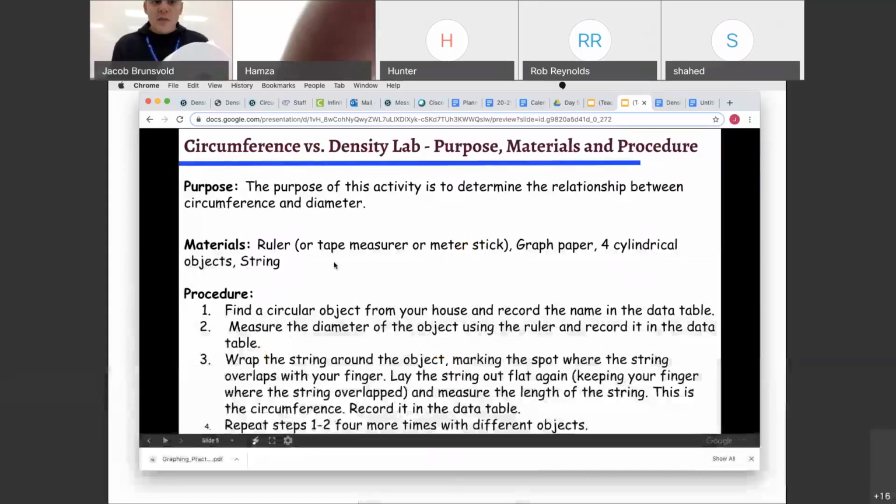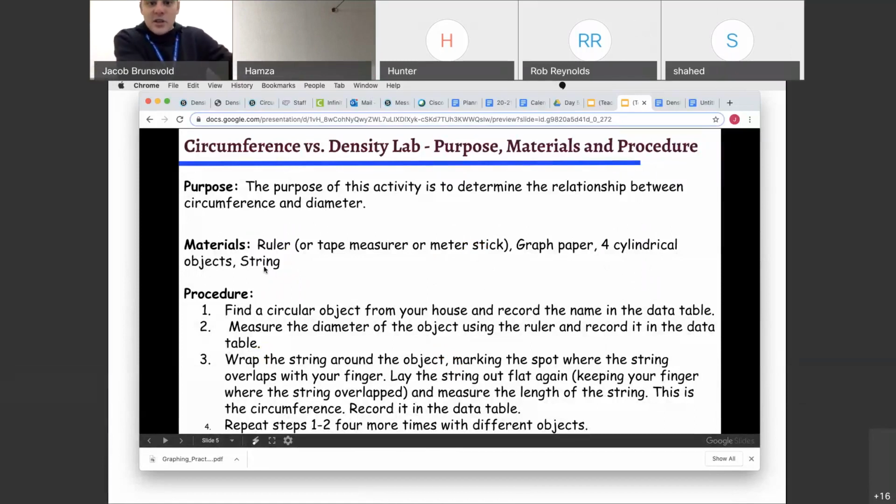Okay, so what things are you going to need? You're going to need a ruler. Graph paper you don't need, that's going to be on the assignment. You're going to need 4 objects that are shaped like a circle. That's what cylindrical means, there's going to be a circle shape in them. And you're going to need some string.